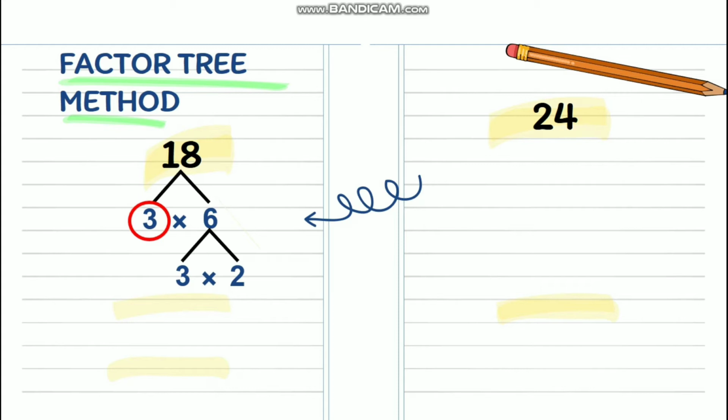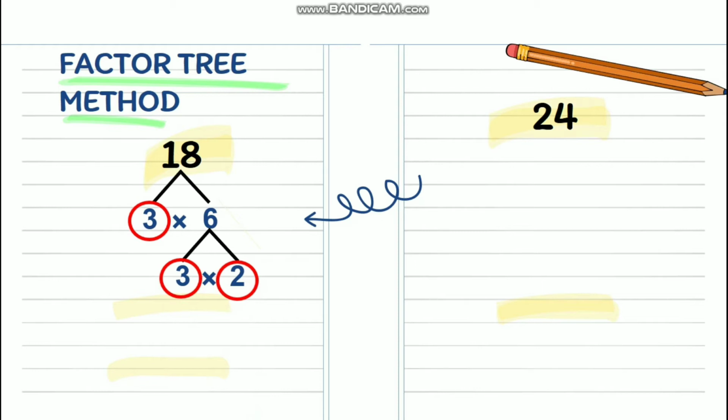Then, identify each of the numbers. 3 and 2 are prime numbers, so encircle 3 and 2. It means we're done with 3 and 2. As you can see, all the numbers that are left are prime numbers.